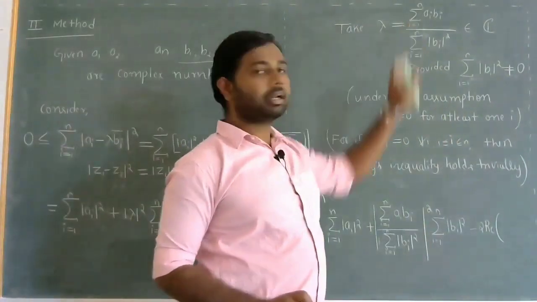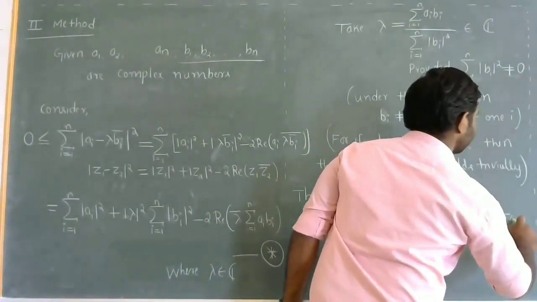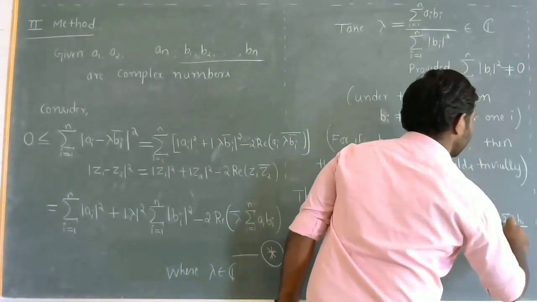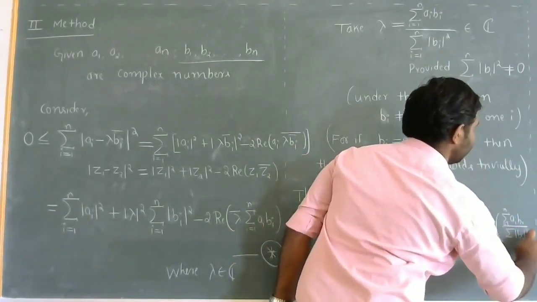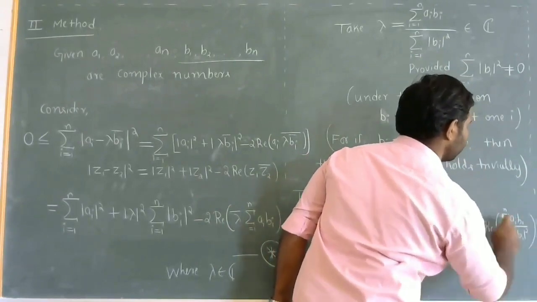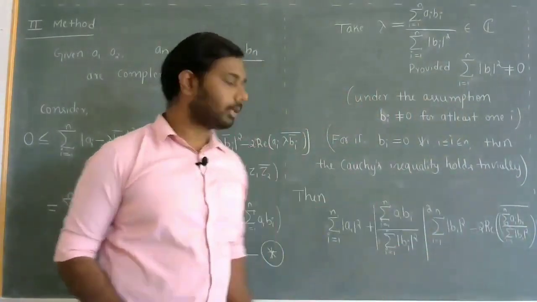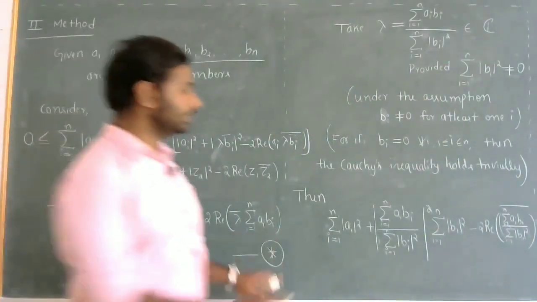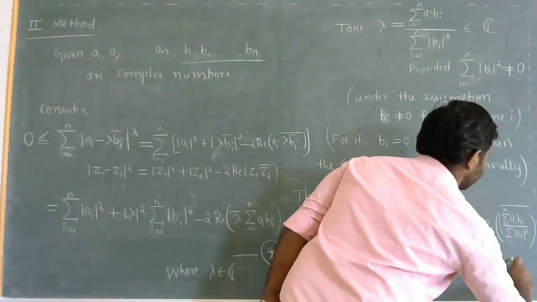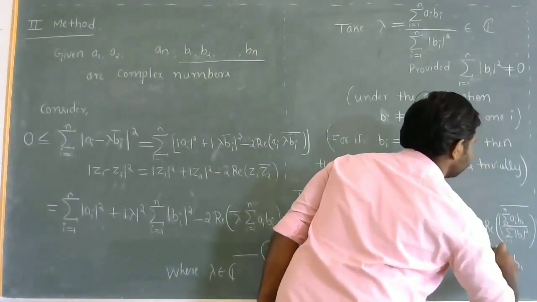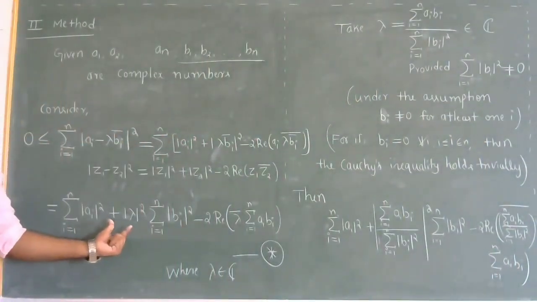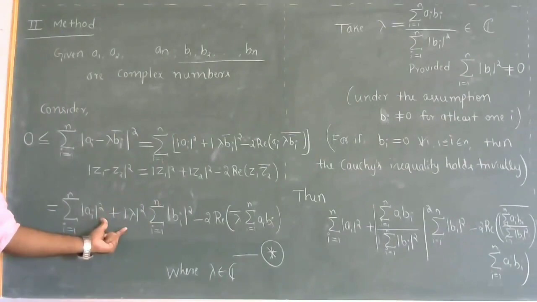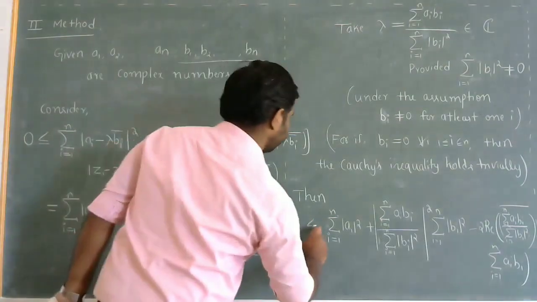That means this number bar, summation ai bi, i running from 1 to n, into summation modulus of bi whole square, i running from 1 to n. This number bar into this number as it is, that is summation ai bi, i running from 1 to n. And we started with this number, which was equal to this, but this is greater than or equal to 0. So this number will be greater than or equal to 0.